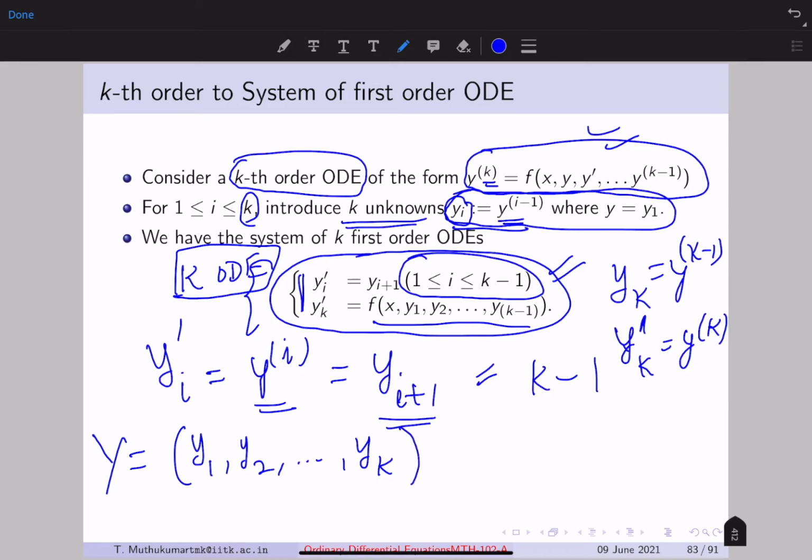And you know what these y1, y2, yk are from this equation here, right? y1 is y, y2 is y prime, and so on, and yk is the k minus 1 derivative of y.